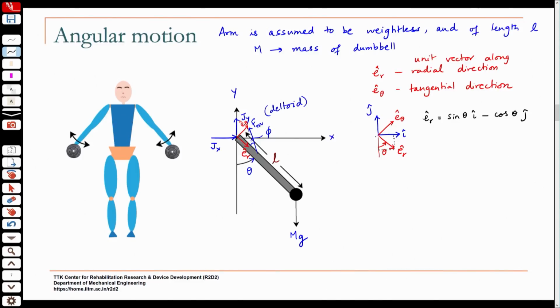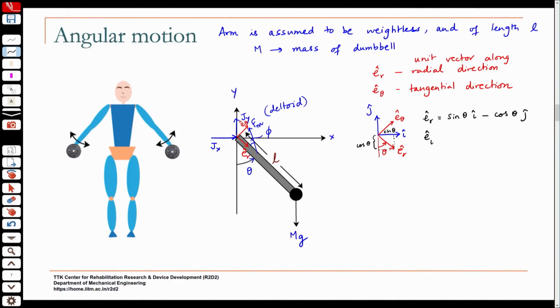This is the y component. So, Er is sin theta along i minus cos theta along j.